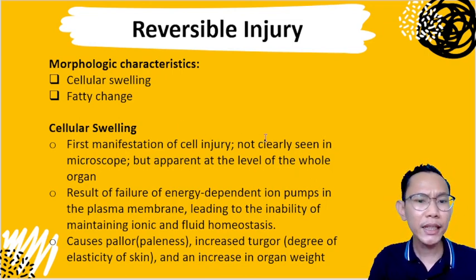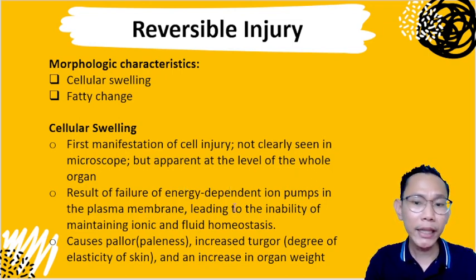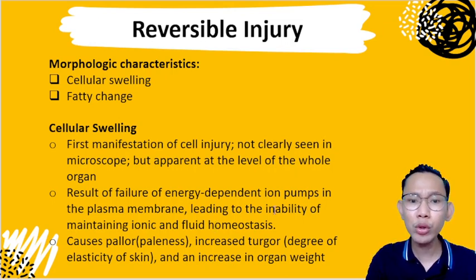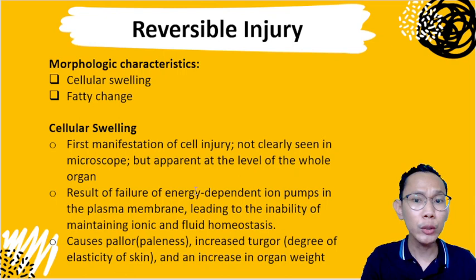It's not clearly seen in the microscope but apparent at the level of the whole organ. It's also a result of failure of your energy-dependent ion pumps in the plasma membrane, leading to the inability of maintaining ionic and your fluid homeostasis. Actually, we discussed this one because diba, bababa yung ATP or energy production. So mababa na yung sodium. There will be derangement of your sodium-potassium pump.